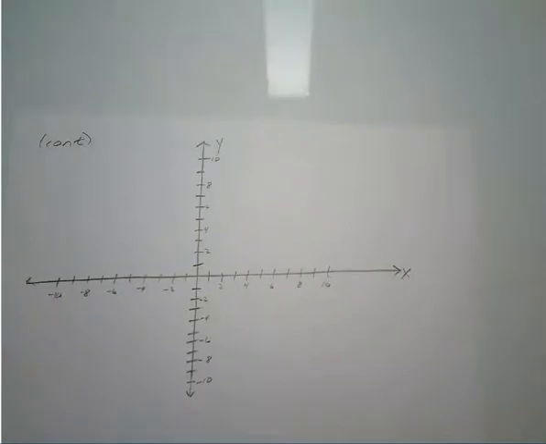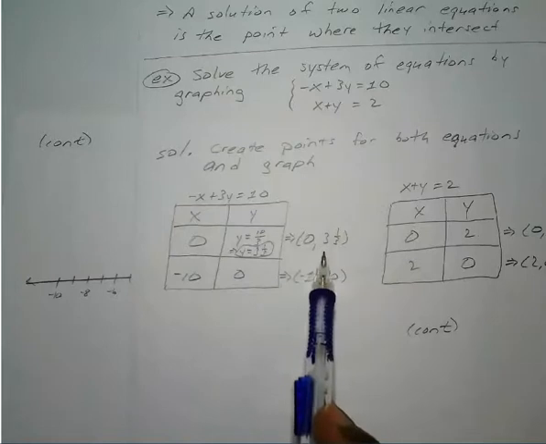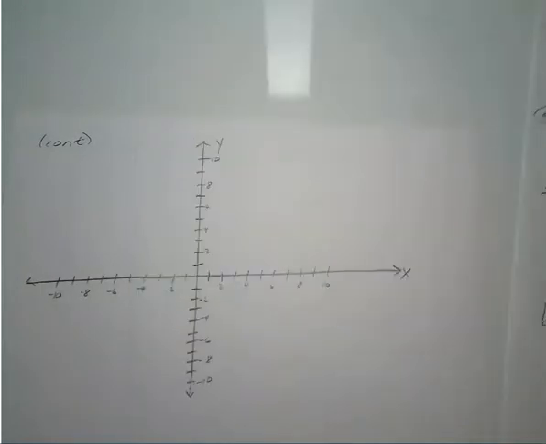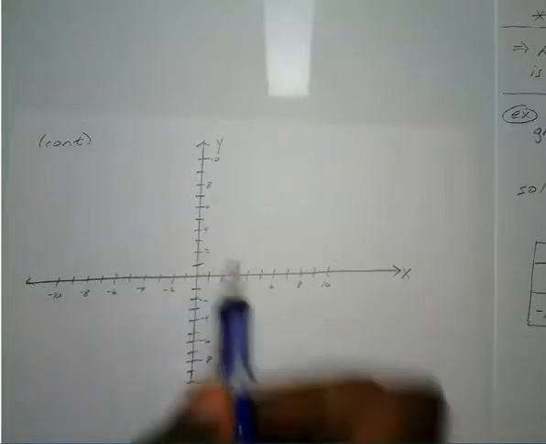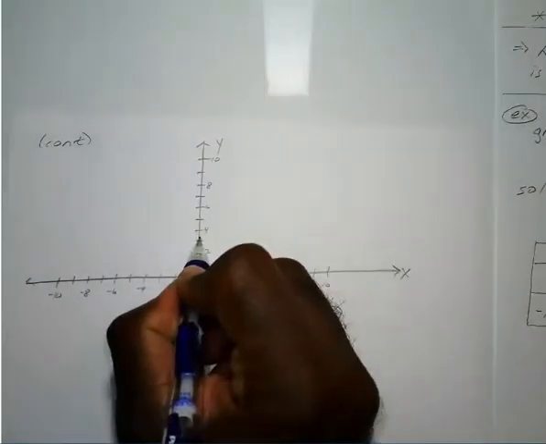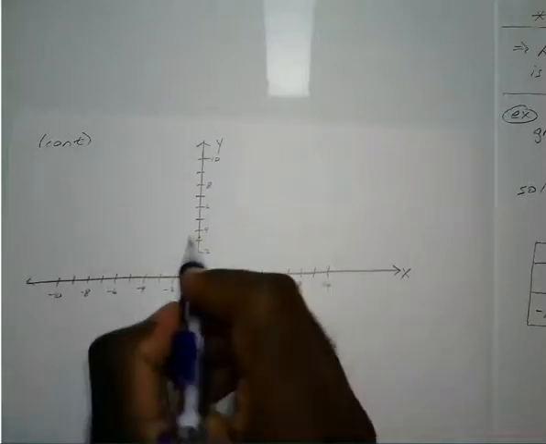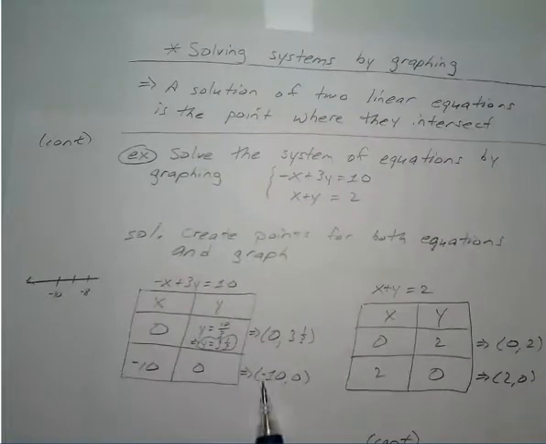Going back to our previous page, we have to plot those points. So 0 and 3 1/3: x is 0 and y is 3 1/3, which is about right there. Then you have negative 10, 0.